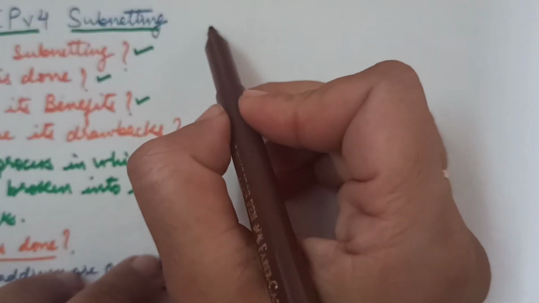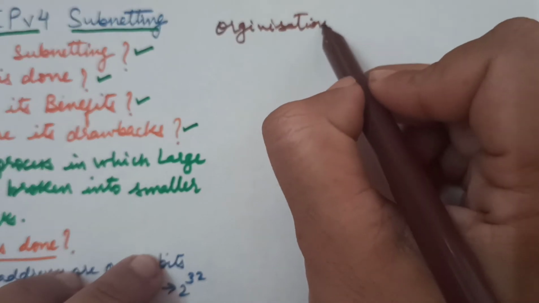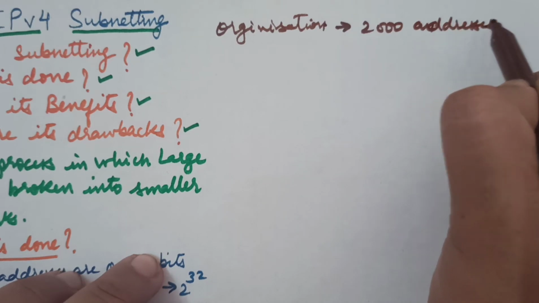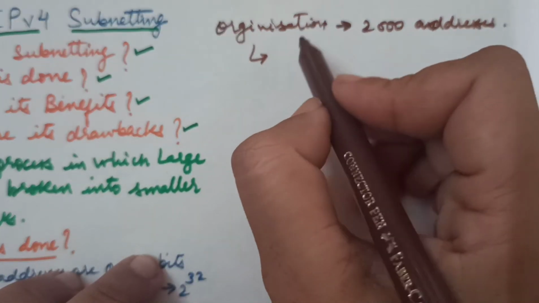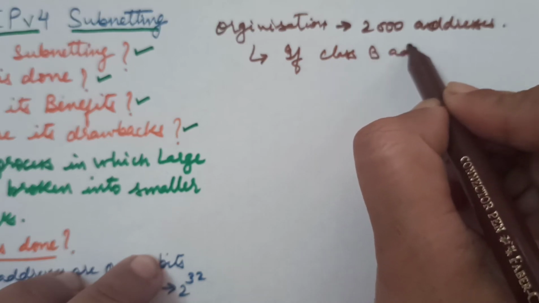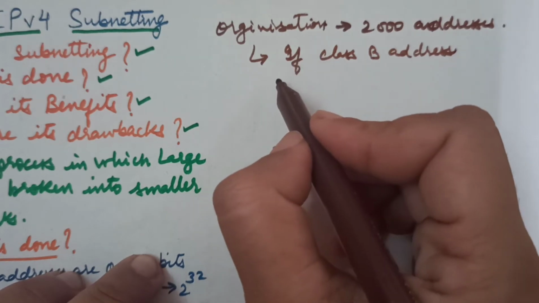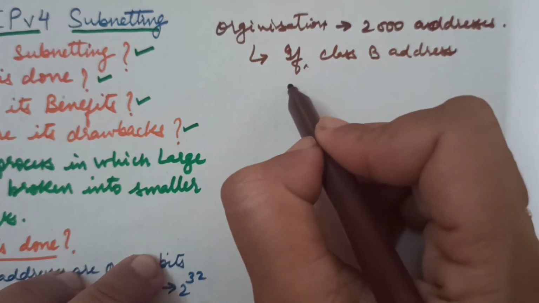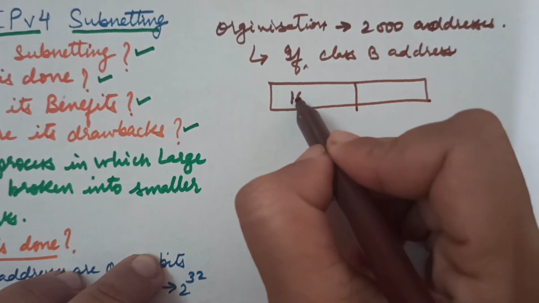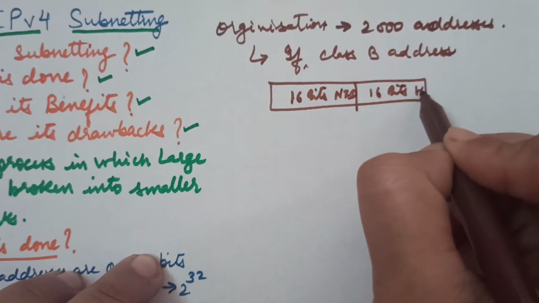Let us say an organization is requiring 2000 addresses, and if class B address is allocated to satisfy the requirement of this organization, then with class B 2 raised to 16 networks are possible, because there are 16 bits in network ID part and remaining 16 bits in the host ID part.